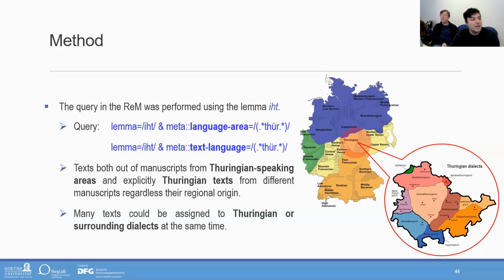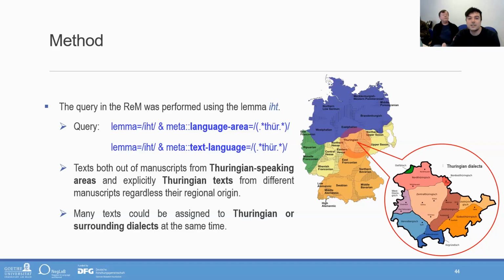So Thuringian itself has many different varieties, like North Thuringian, South Thuringian, and so on. But it is also surrounded by different dialectal groups like Hessian dialects or Franconian dialects and so on. What we have done is looking not only into that area to catch all the texts or attestations that come from that region, but also at the text language.